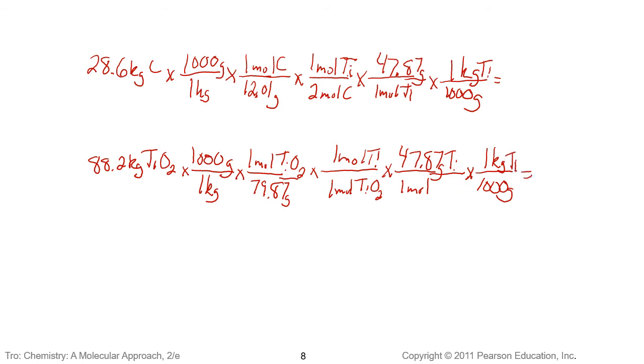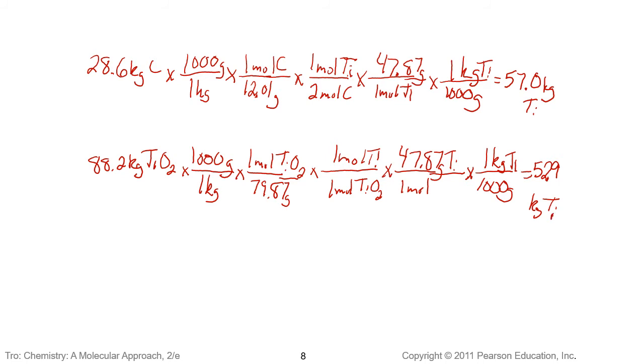And we can see that we get, I'm rounding for significant figures, 57.0 kilograms of titanium if we start with 28.6 kilograms of carbon. And if we start with 88.2 kilograms of titanium 4 oxide, we get 52.9 kilograms of titanium.